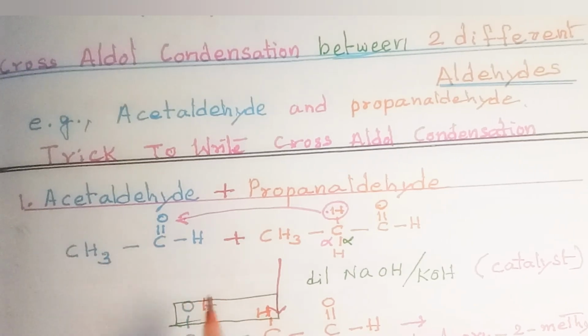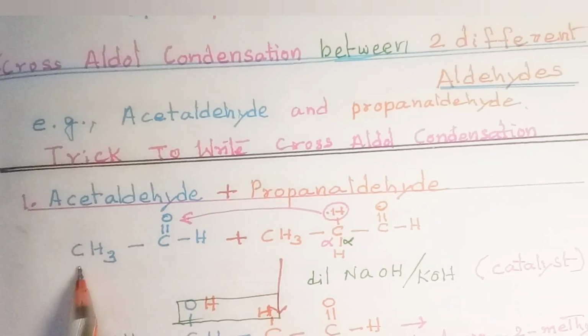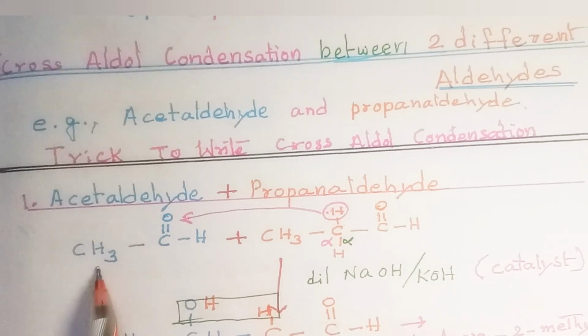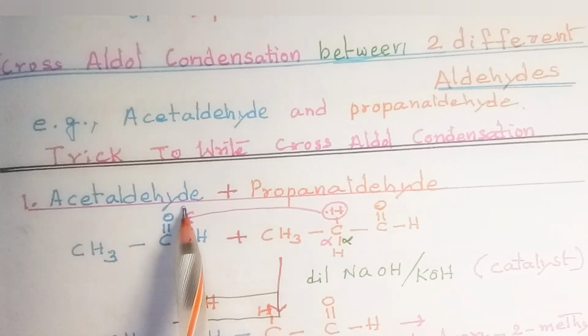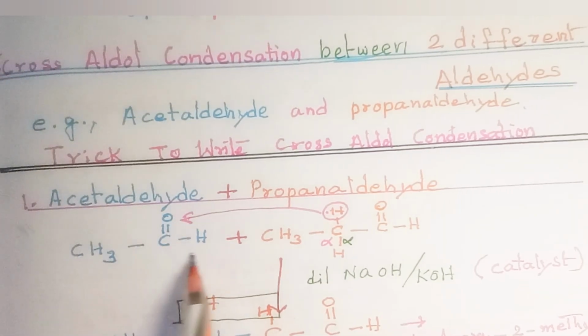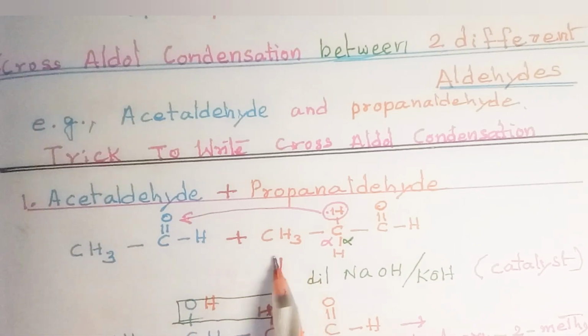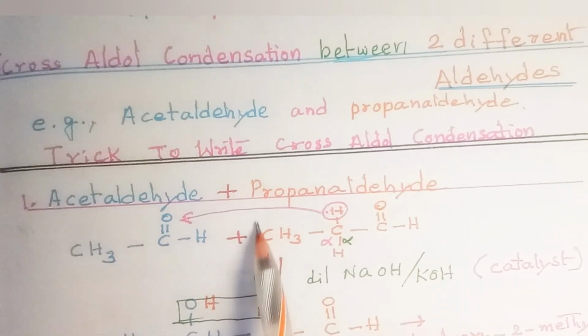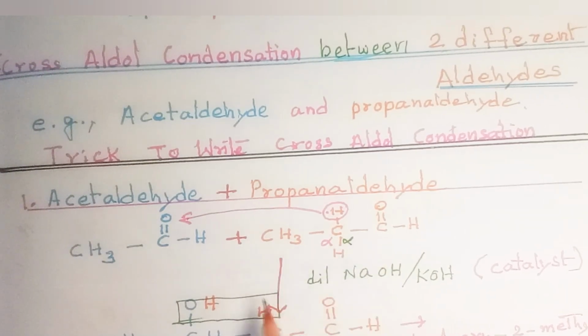The easiest way to write this aldol formation reaction is, first we are taking acetaldehyde CH3 C double bond O H. This I have written in blue ink so that this will be different from propanaldehyde. So propanaldehyde I have written in yellow ink.